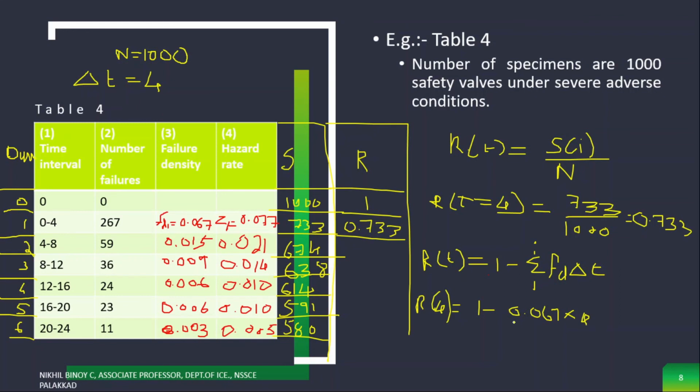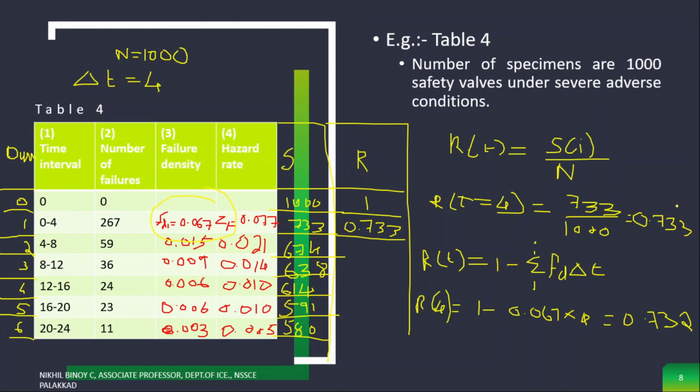Please note we have only one value because I equals 1, so we consider FD1 only. So R of 4 is equal to 1 minus 0.067 into 4, which equals 0.732. Again it is different.